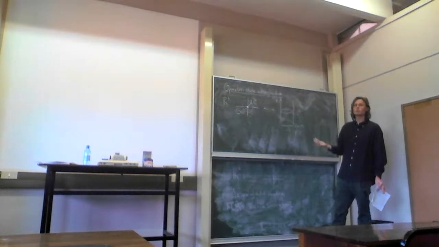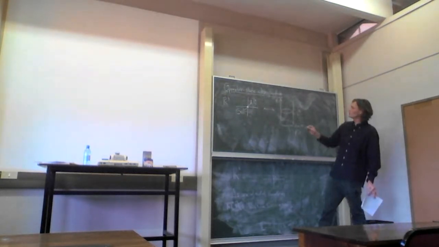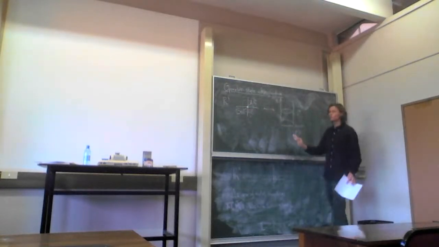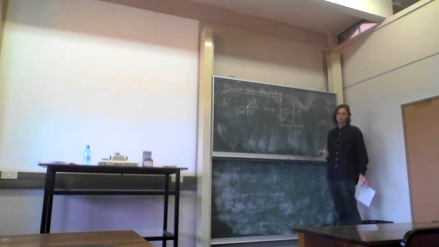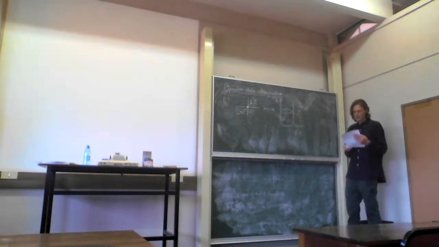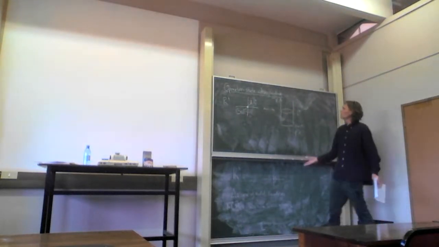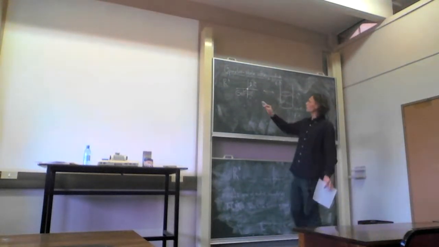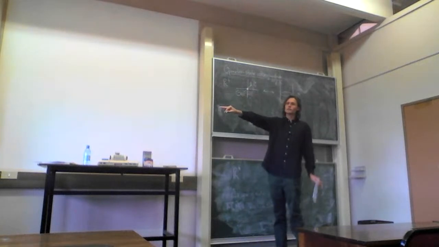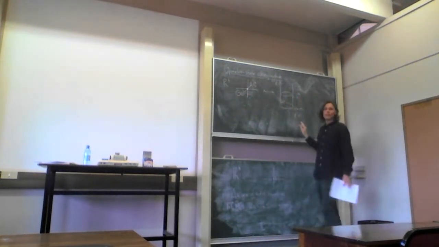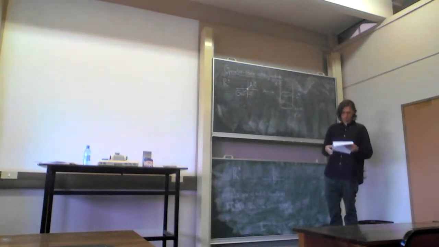It's a general statement for conformal field theories that relates the spectrum of local operators to the states of the Hilbert space. So that means there's a one-to-one correspondence between all the operators that I can construct from the basic fields in my Lagrangian and the states of the Hilbert space.